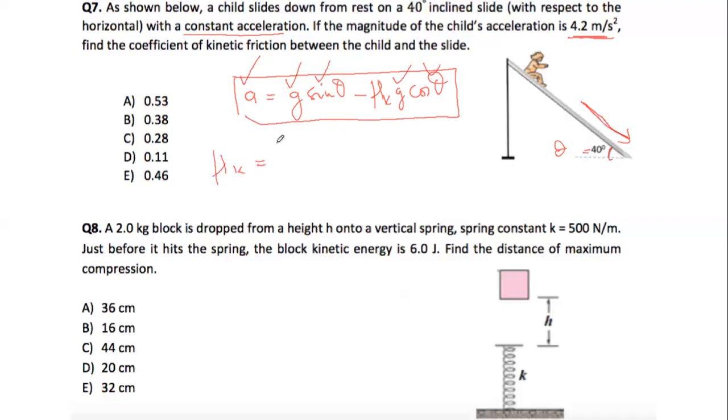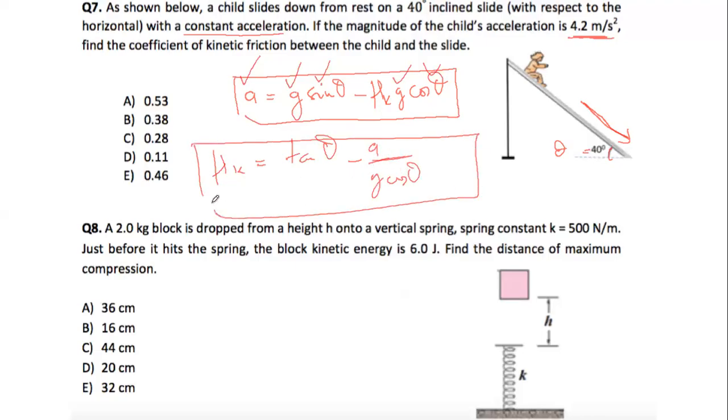You just rewrite this, you will have tangent theta minus a divided by g, and then you will have here cosine theta. And you do the calculation, you will have 0.28. This is your answer. Yeah. So if I were you, I would re-demonstrate this. You know it already using Newton's second law.